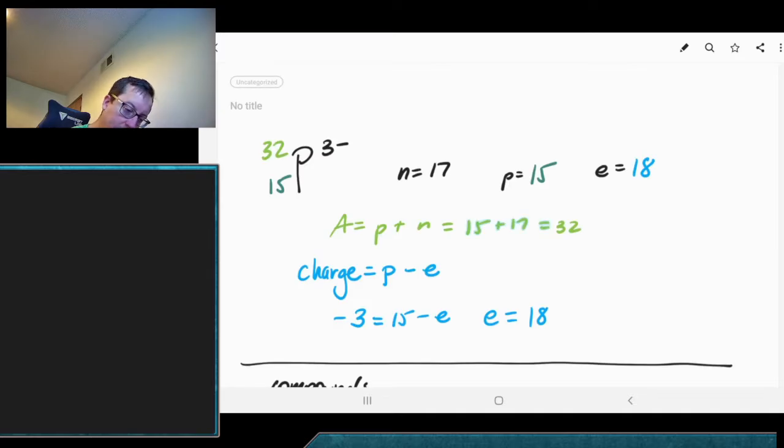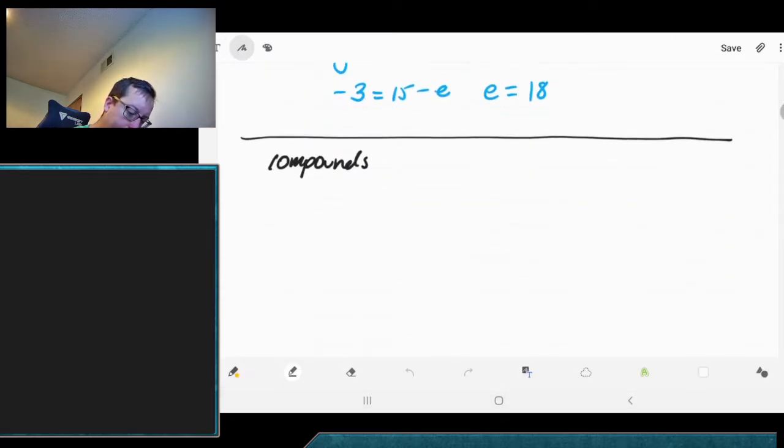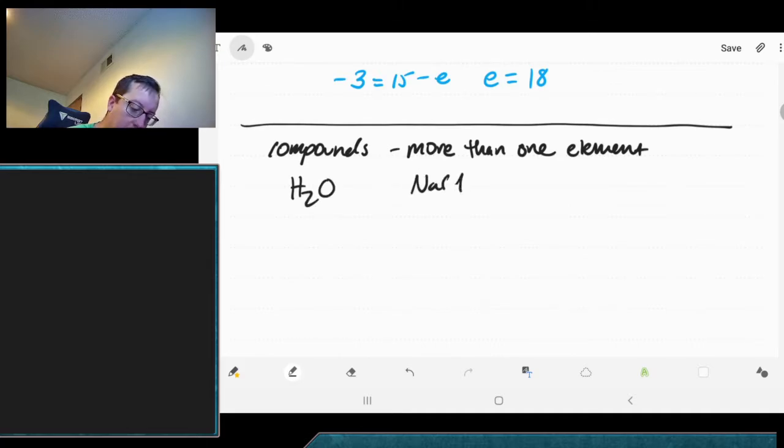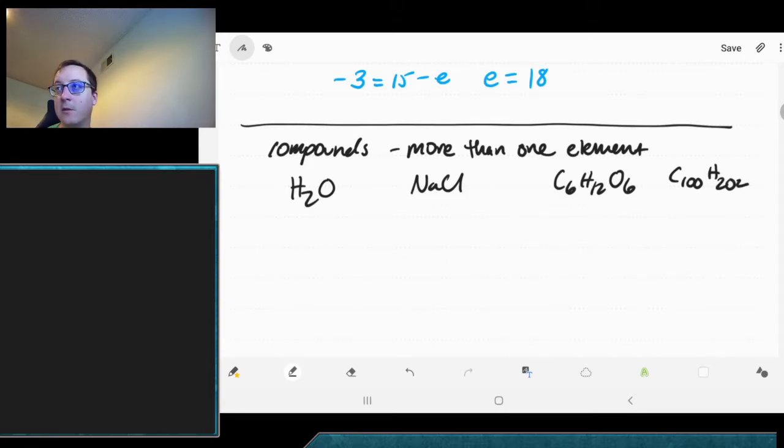So compounds, as we might remember, are more than one element. So things with more than one element that are compounds might look something like this, or that, or this, or something like that. We have various elements combined with various other elements.